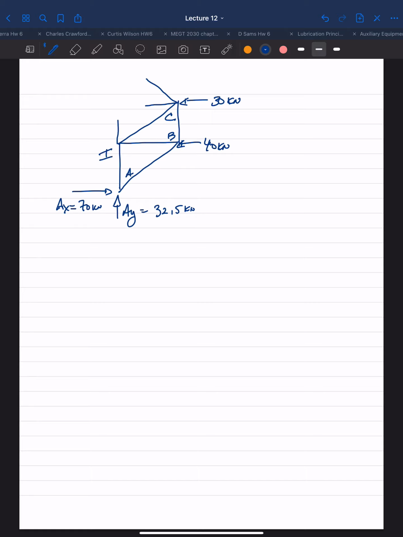Okay, so got that set up. You have your force in member HI, which I'm trying to solve for.